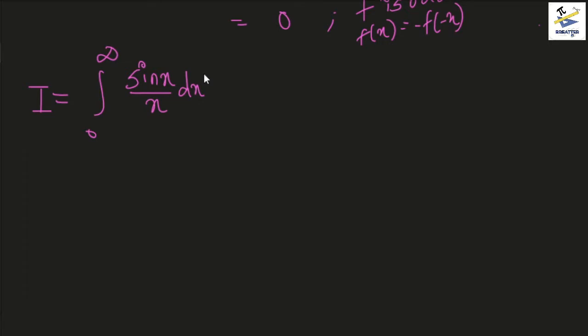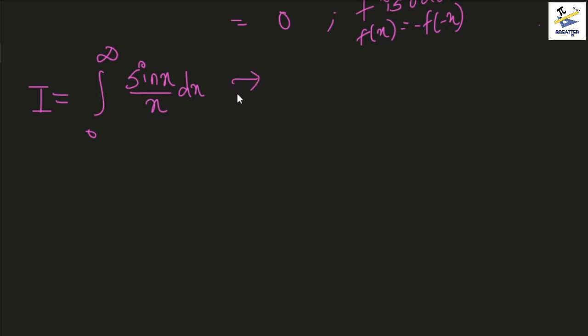If you remember, I had talked about this before when starting integration, that this integral equals pi by 2, and I haven't actually told you how to find that integral. And I told you that there is no indefinite integral for this function, sine of x upon x, because it is just not integrable. So to evaluate this integral we would need some other method.